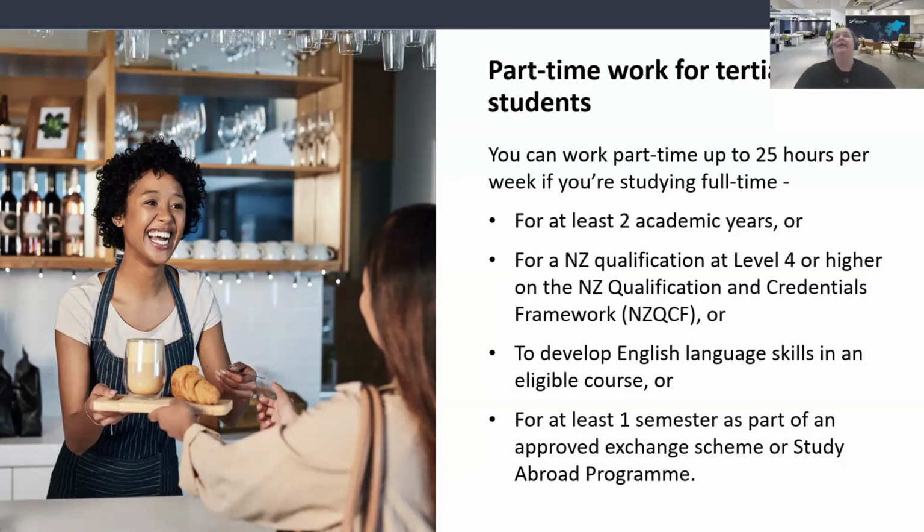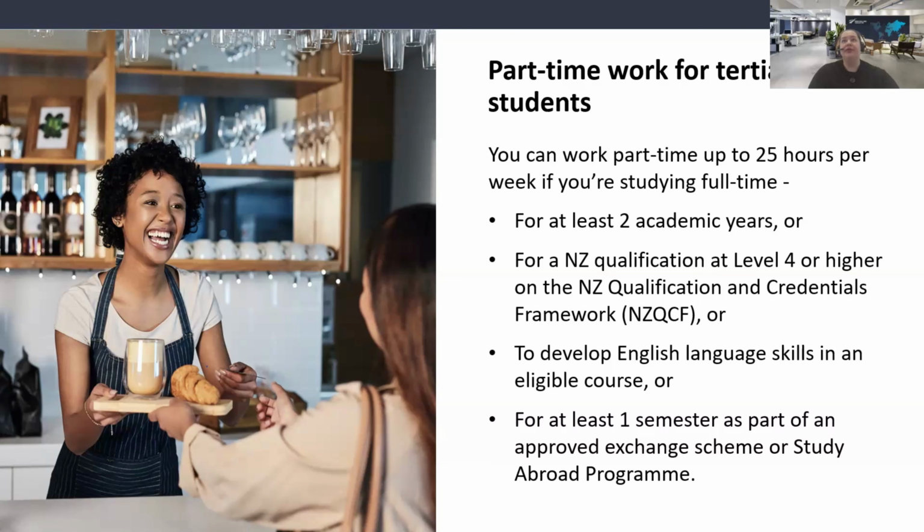So you can work part-time for up to 25 hours per week if you are studying full-time for at least 2 academic years, or for a New Zealand qualification at level 4 or higher, or to develop English language skills in an eligible course, or for at least 1 semester as part of an approved exchange scheme or study abroad program.